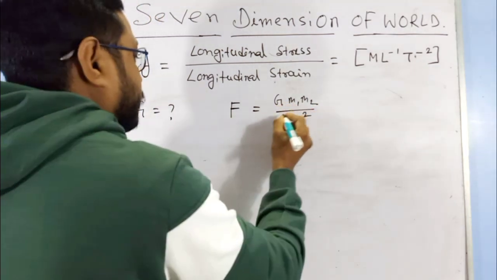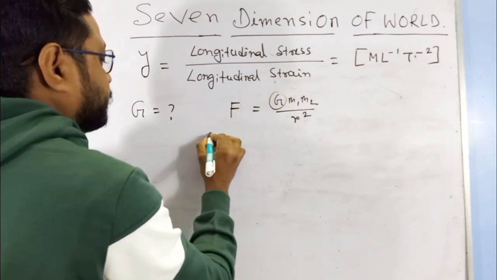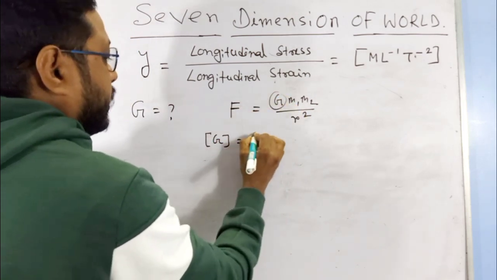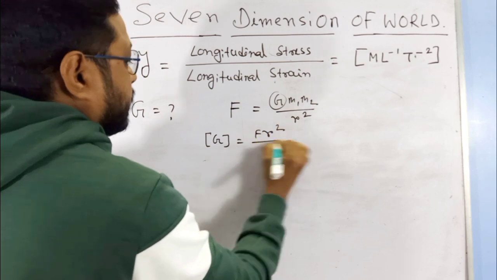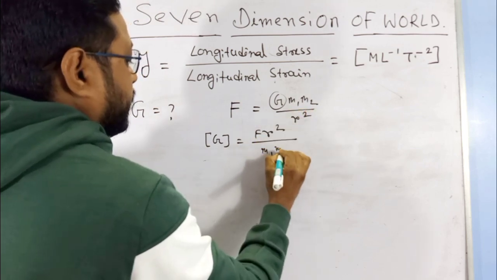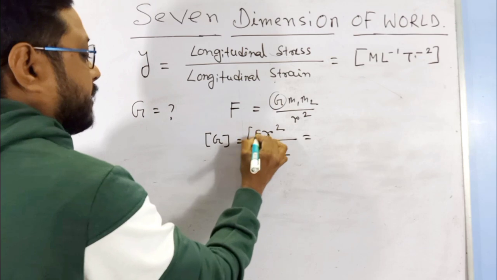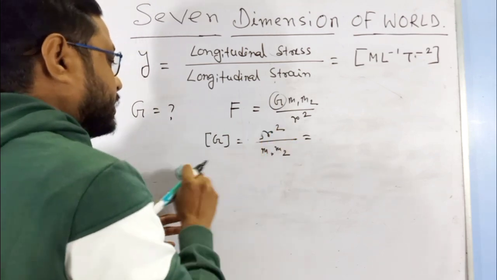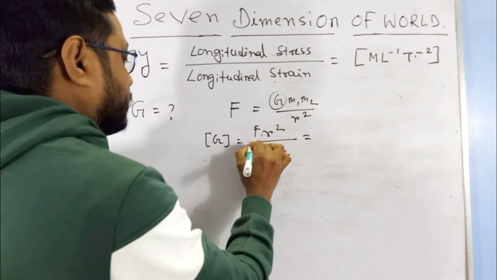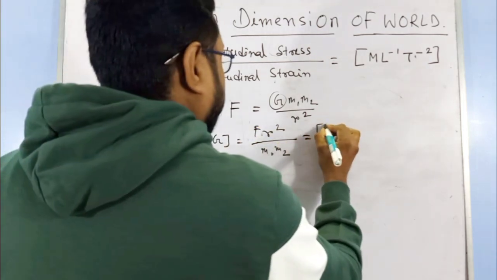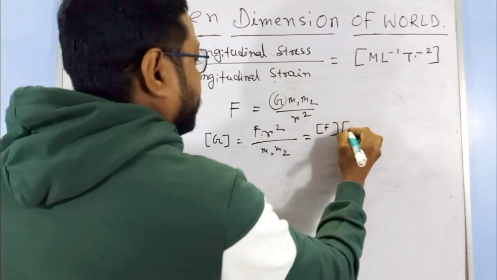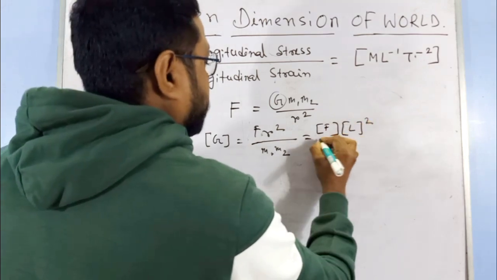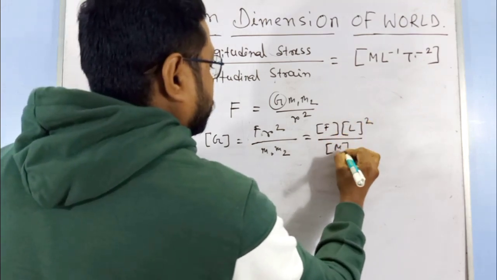So from this equation we get G equal to F r square divided by m1 m2, that is dimension of F, dimension of length square by dimension of mass square.